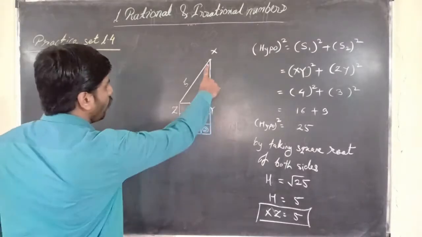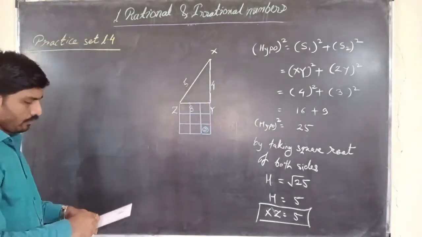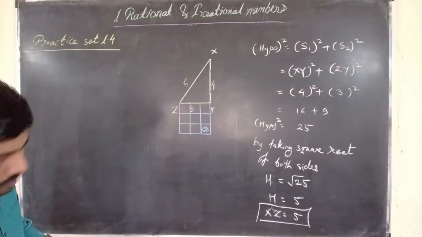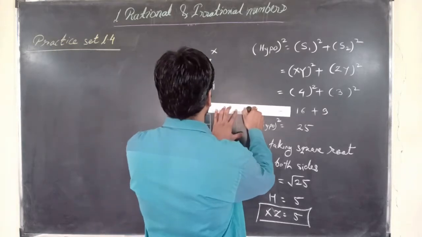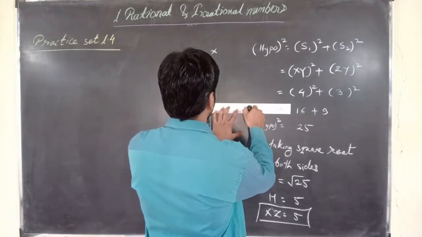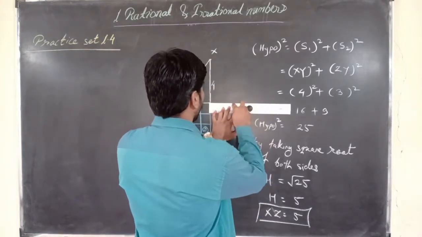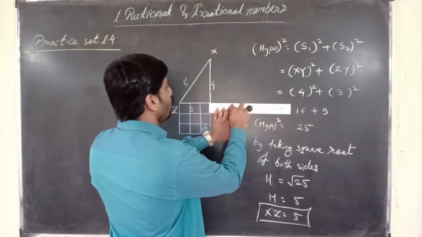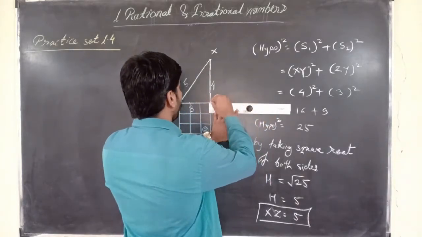Now we will find square of 4. One, two, three, and 4.